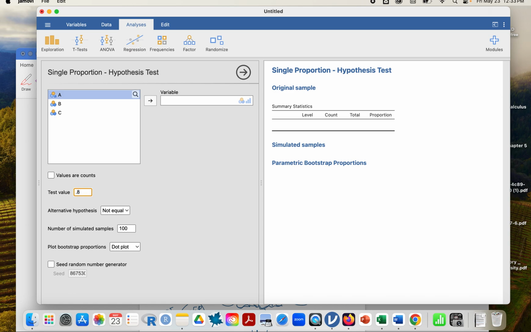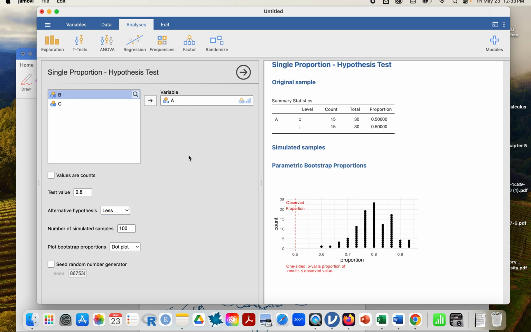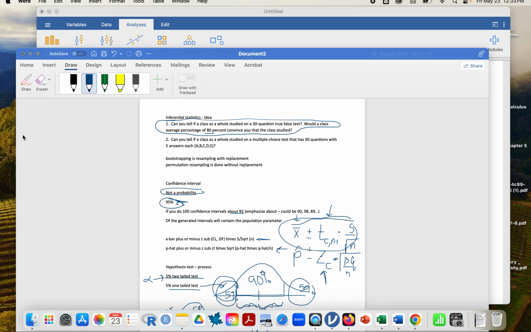So I'm going to put in 0.80. I'm assuming that this would be an indication of people studying, okay? And if they weren't studying, it would be a less than, okay? So their score would be less than.